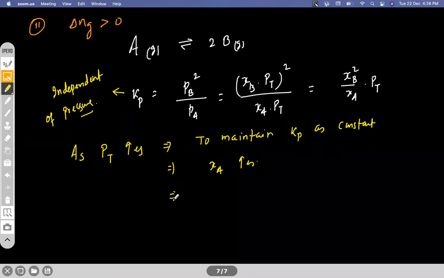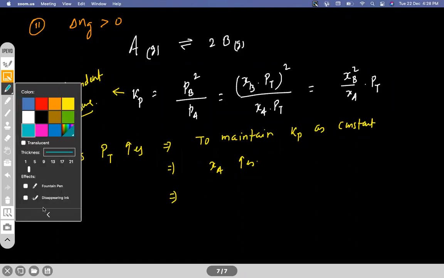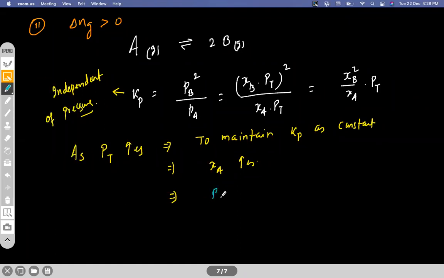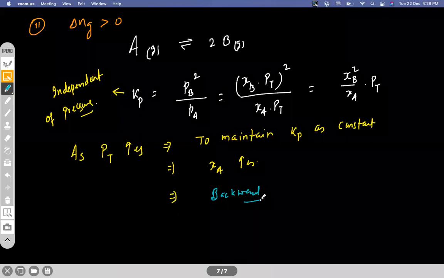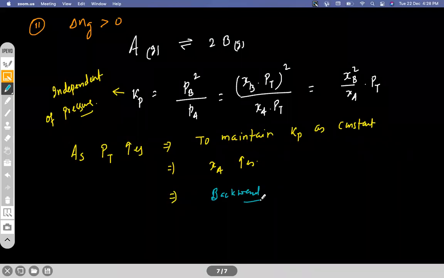XA is the mole fraction of A, and that is only possible when the reaction goes in the backward direction. So under this condition, backward reaction is favorable. Tell me, did you get this? Kp is independent of pressure, so there is no change in Kp. You are increasing PT, so XA will also increase so that the ratio becomes constant.